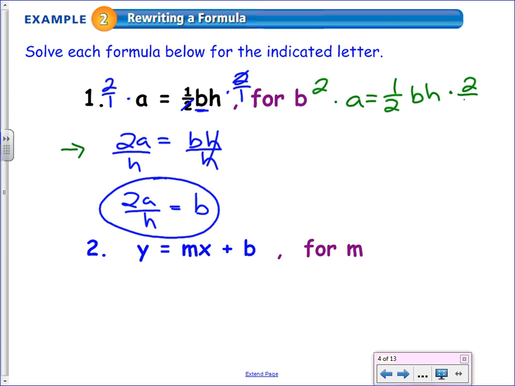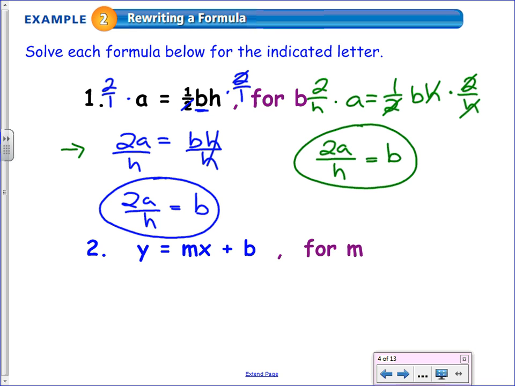So I'm going to also divide by h at the same time as multiplying by 2 over 1, which would give me a 2 over h, which is basically my reciprocal. So now I have my 2's that have canceled off, and my h has canceled off. So that's going to leave me with the remaining 2A divided by h equals b. Both answers are correct. Both answers are written the exact same way. Just showing you a different way to solve it.